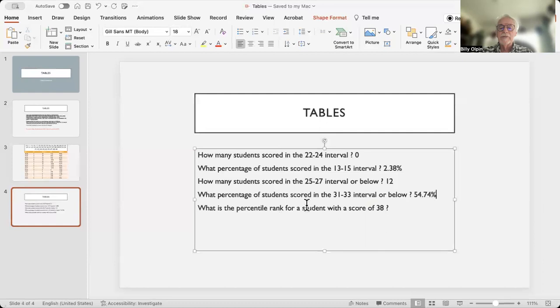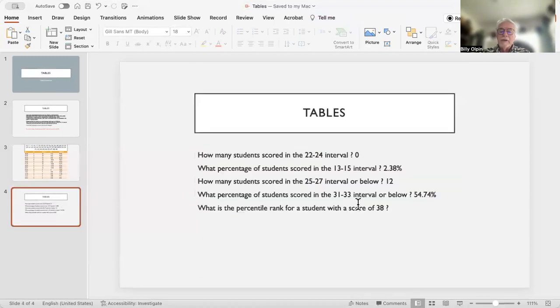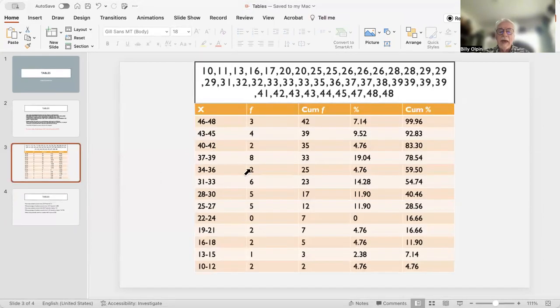So, what is the percentile rank for a student with a score of 38? We talked about percentile rank during the lecture, right? And it's equal to the cumulative percentage, right? Well, we don't have a 38 necessarily. We do have a score of 38, and it ends up to be in this 37 to 39 interval, right?